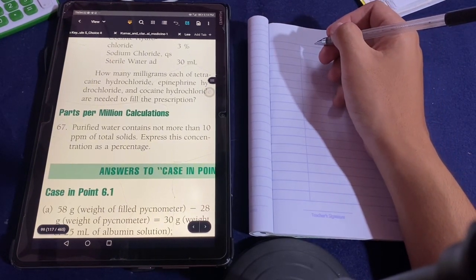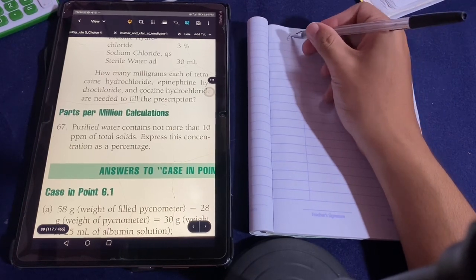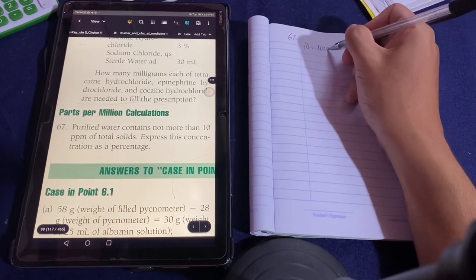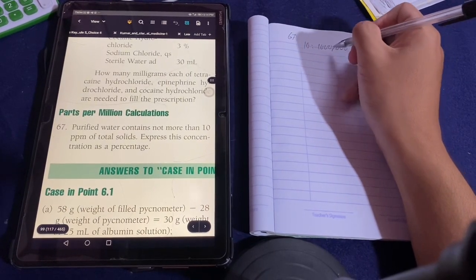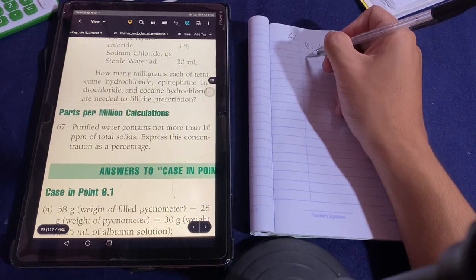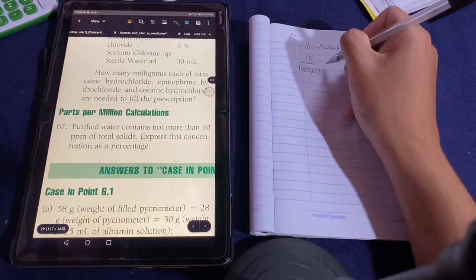So 10 parts per million is actually 10 is to 1 million. So it's very easy, guys. Then in order to convert it into percentage, what we do is 10 over 1 million, then times 100.